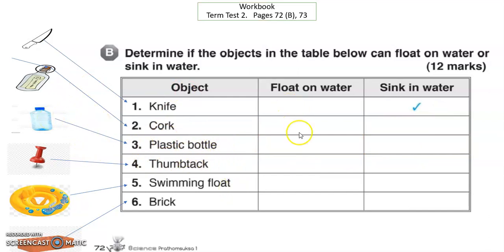Number 4 is thumbtacks. Number 5 is swimming float. And number 6 is brick. Float on water or sink in water? Check.